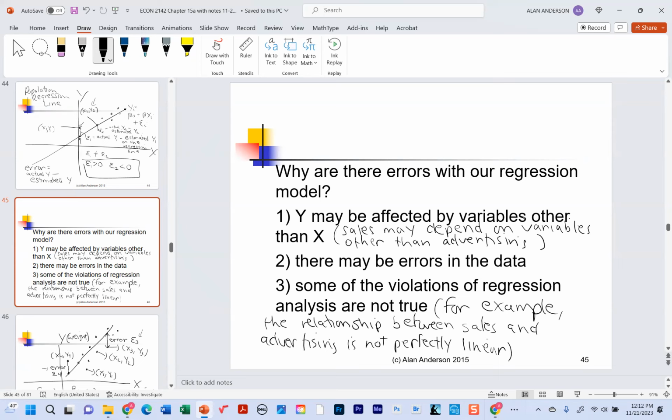That would be a violation of the assumption that the two variables have a linear relationship, and that would also cause there to be error terms. So it's very frustrating for us, but that's just reality.